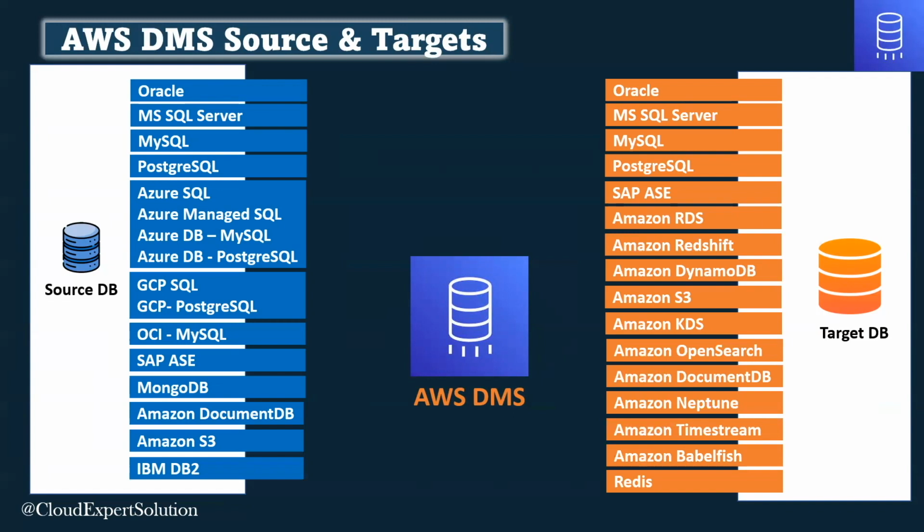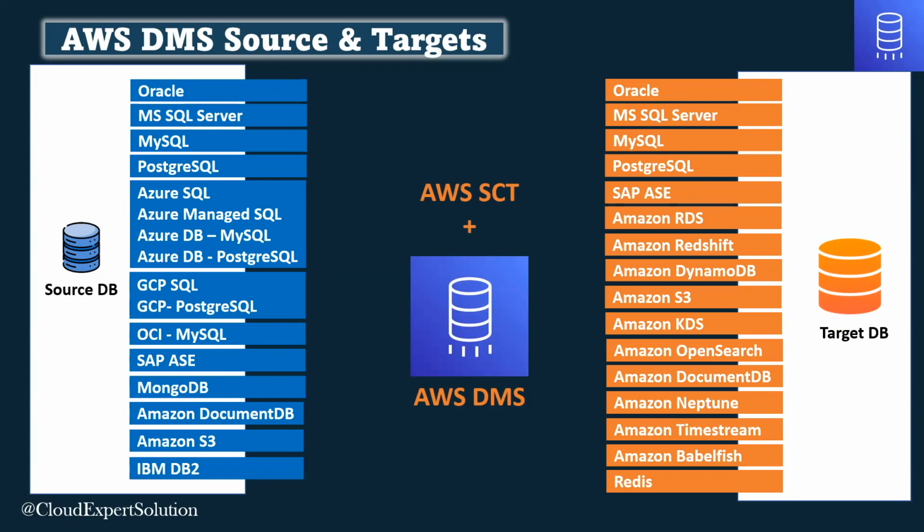But if your database is on an EC2 instance, if you are maintaining Oracle, SQL Server or MySQL, or if you are in Amazon DocumentDB, then yes, you will be able to use AWS DMS to take it out of AWS. And if you are performing heterogeneous migration, please remember to use Schema Conversion Tool along with AWS DMS.